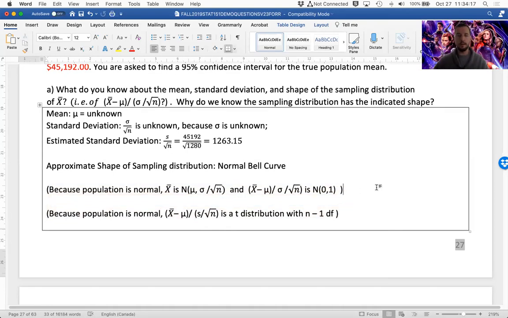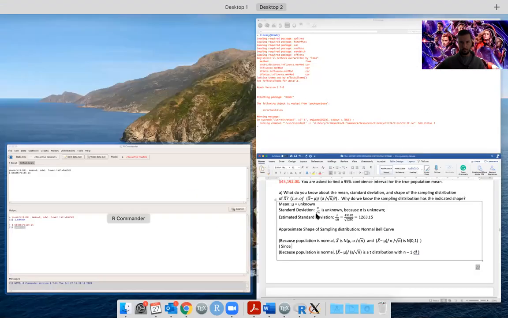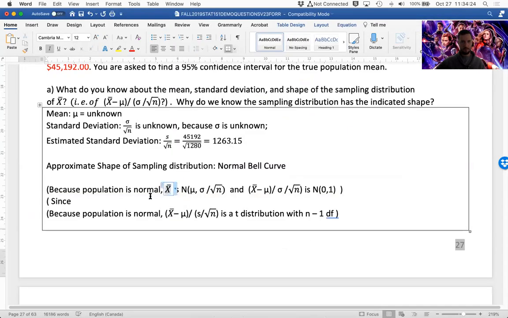And again, all we're saying here is since X bar is normally distributed, if standardized, we have a z-score. So that's what that first line is telling us.